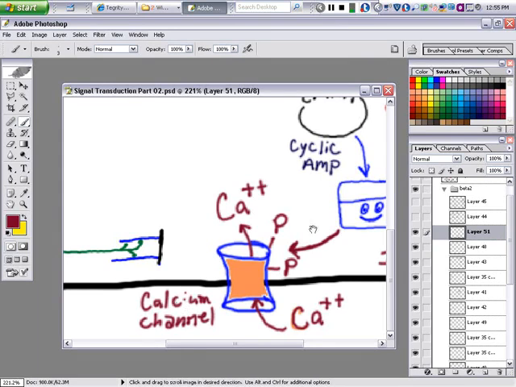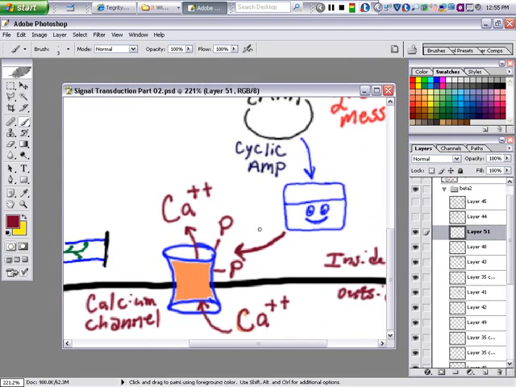This blue protein here actually adds a phosphate to the calcium channels to open the calcium channels up. Now, this is a general question. What is the name of a protein that adds a phosphate to other proteins, or that phosphorylates proteins?